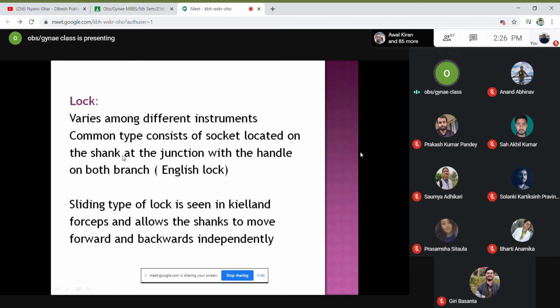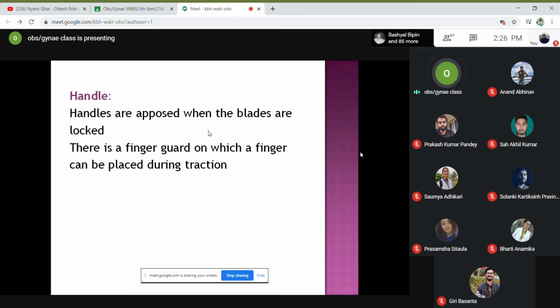Killian forceps we don't use nowadays, so you don't see it. You just see the English type of lock. Handles are opposed when the blades are locked. There is a finger guard on which the finger can be placed during traction.